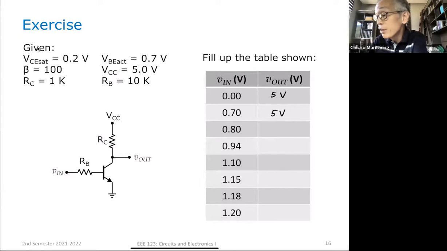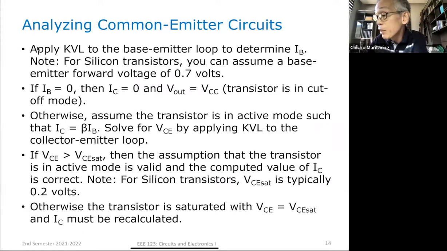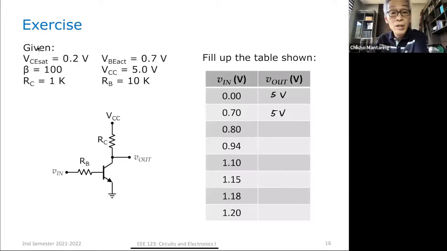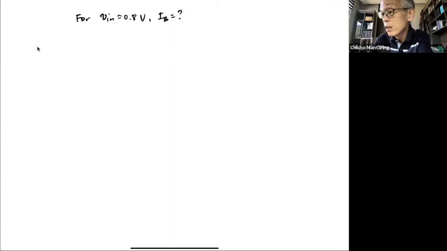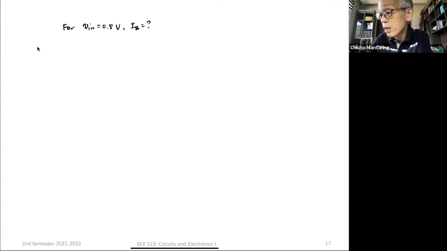In this step, I said the first thing that you do is apply KVL to the base emitter loop to determine IB. So let's try to determine for Vin equal to 0.8 volts what IB is.